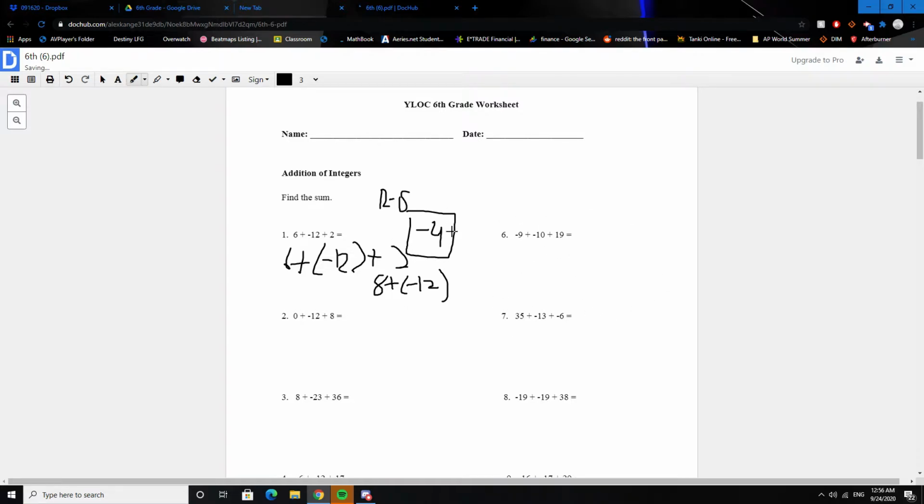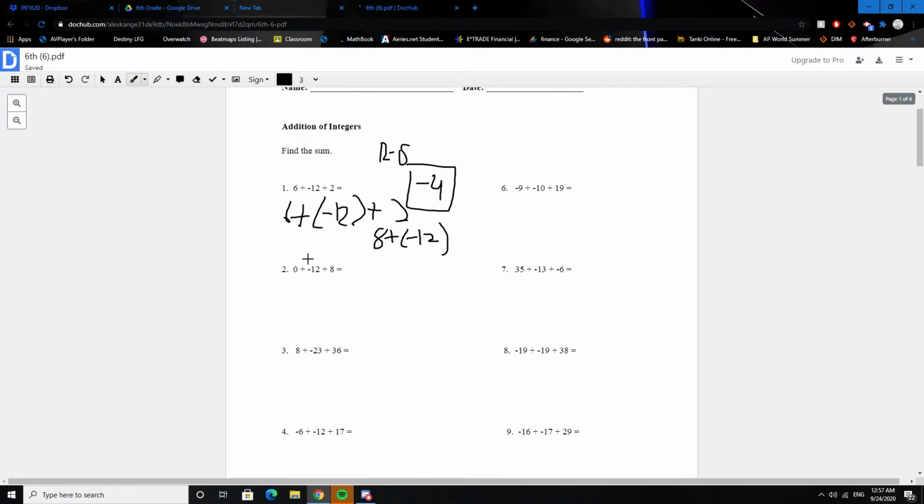Another one like this, number 6: negative 9 plus negative 10 plus 10, or my bad, 19. Again, approach this as looking at a difference of negative numbers and positive numbers, not the difference of signs.